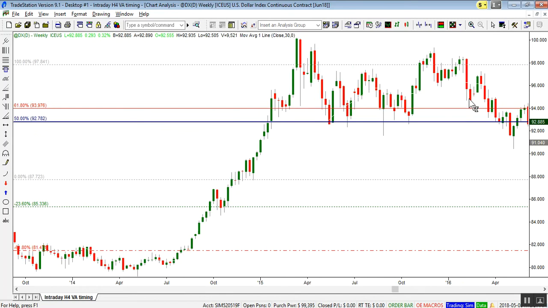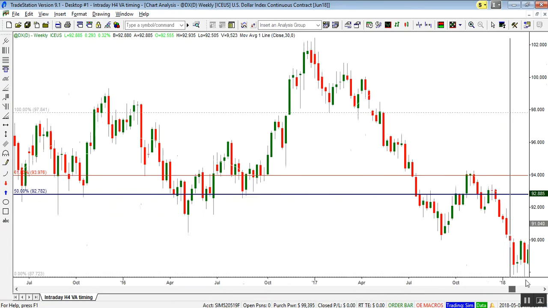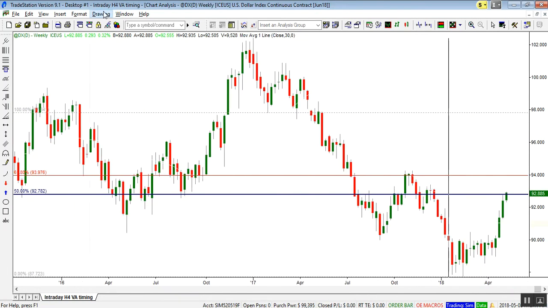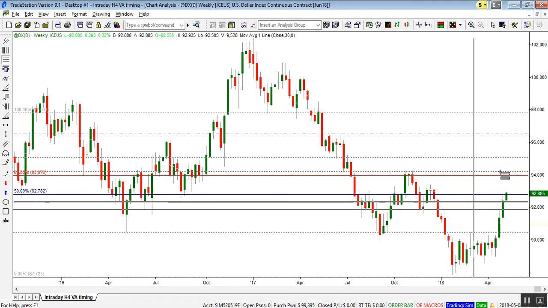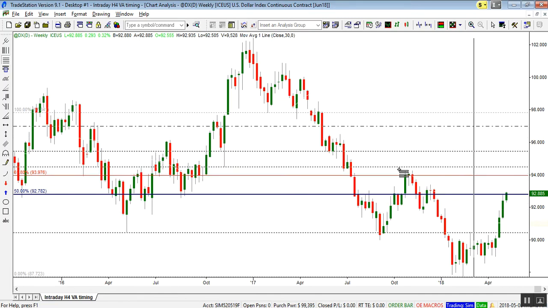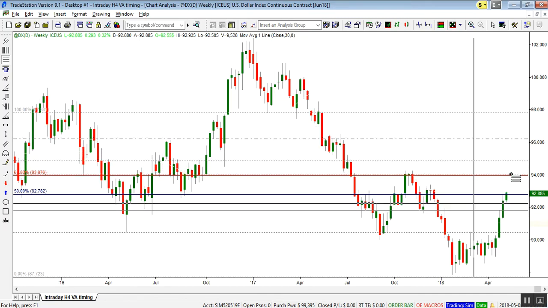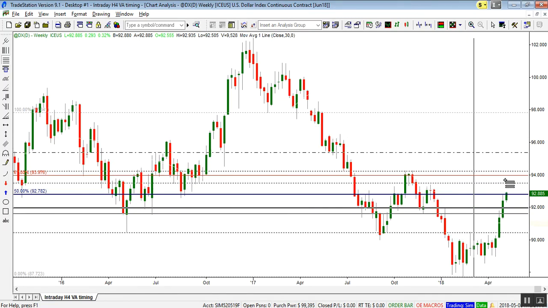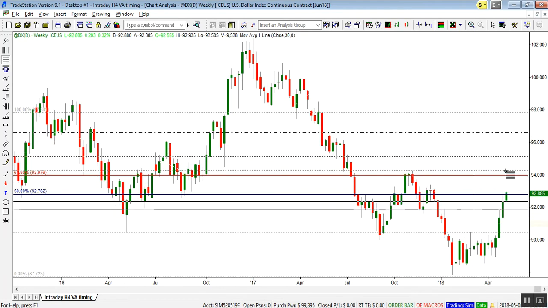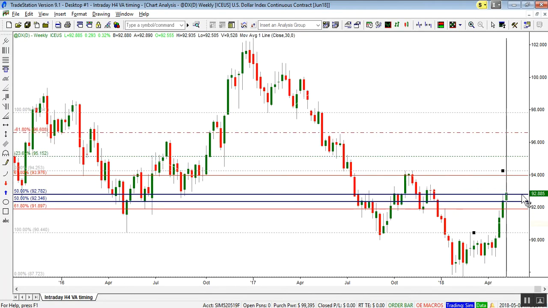What could happen is that this market will take profits a little bit or slow down, maybe only after the 61% level is hit and the previous highs are tested.